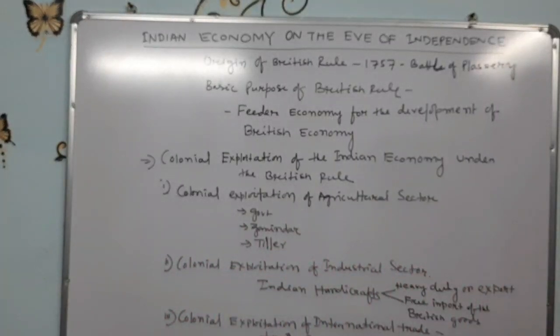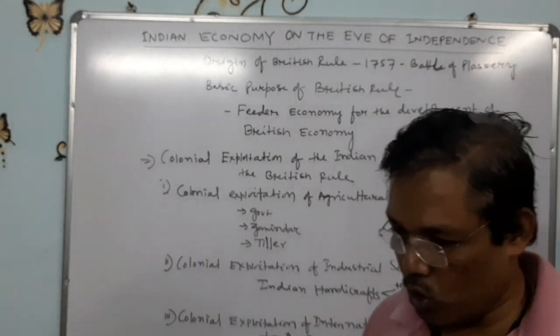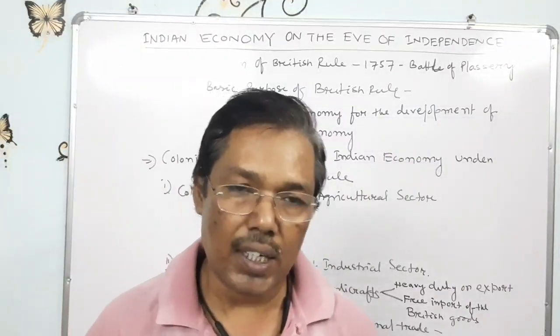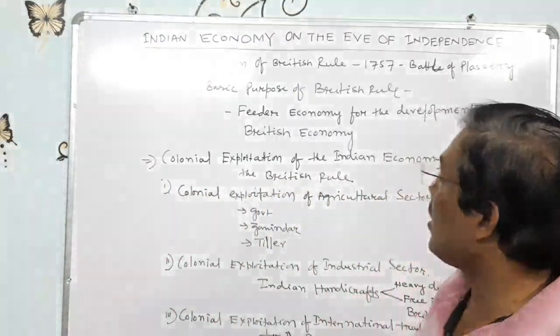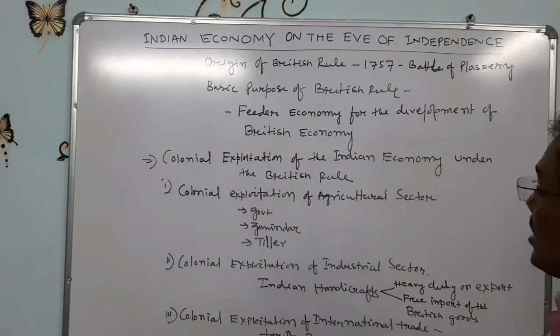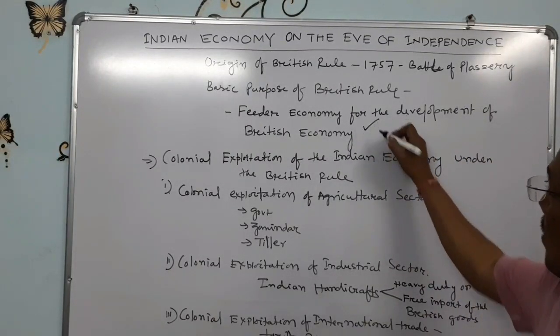It means they entered our country for trade purposes, and the objective was how to exploit Indian resources so that the British country will develop. That is the feeder economy for the development of the British economy. This is the most important, the basic purpose.